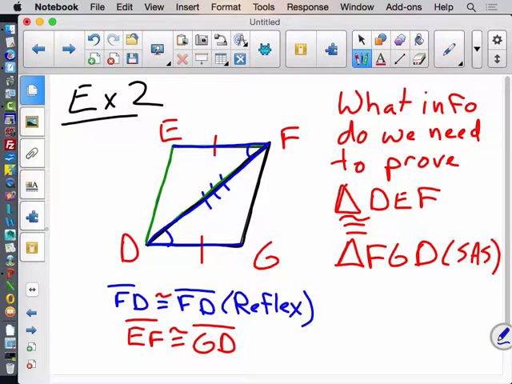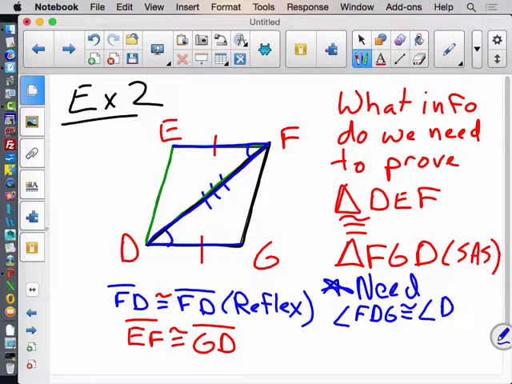So the information that I need is I need to know if angle FDG is congruent to angle DFE. Does that make sense?